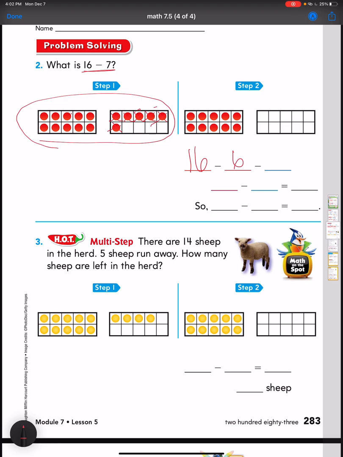And then I'm going to have to take away one more because remember, I'm ultimately subtracting 7. 16 minus 6, I know, is 10. Minus that one more. Well, what's 10 minus 1? That's 9. So that means 16 minus 7 will equal 9.